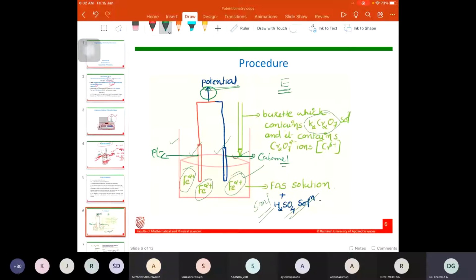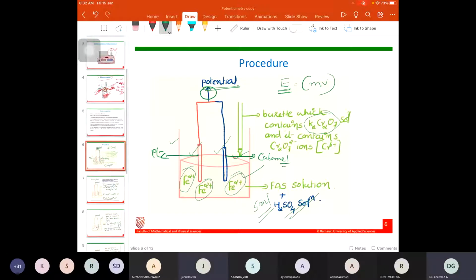Now, this potential will be in the unit millivolt. Unit will be millivolt. Okay. Any doubt? No, sir. Okay. So it's not a permanent value, this millivolt E value. E value depends on the concentration of the solution you have taken.